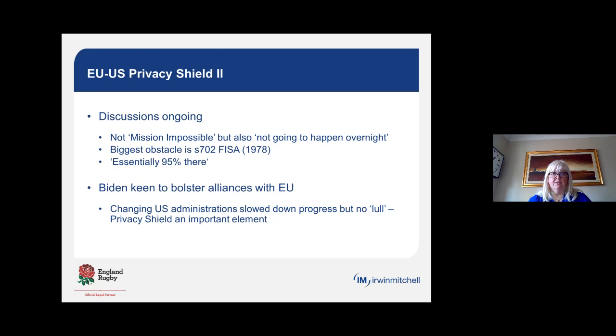And I think both parties are saying that it is taking time, but there is will on both sides to get it done. And I think the latest statements are around things like pretty much being 95% there. So we'll wait and see what comes out of that, but hopefully there is potentially an agreement on Privacy Shield too, because that'll make the transfers to America a lot easier.